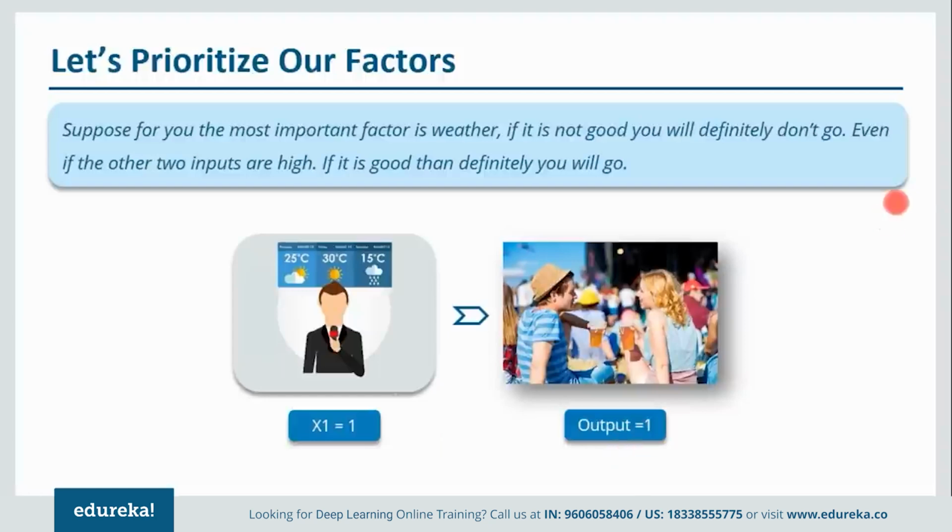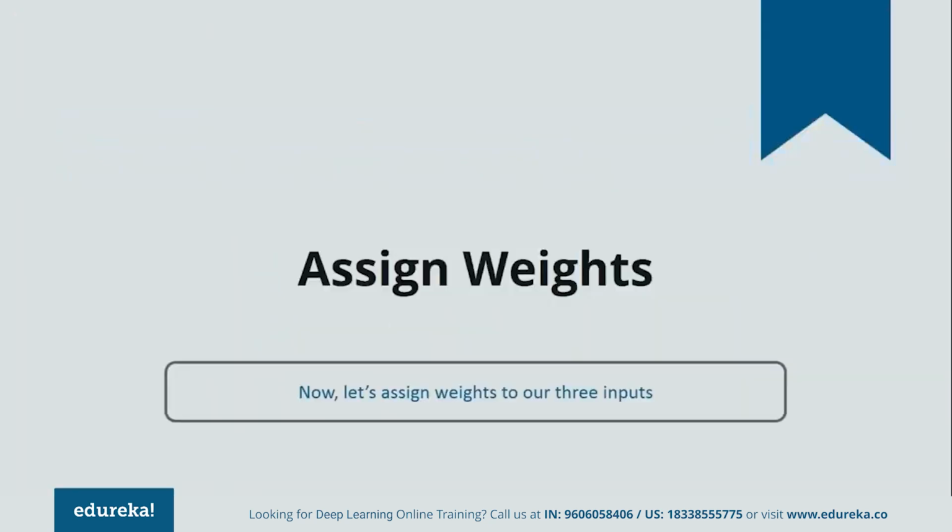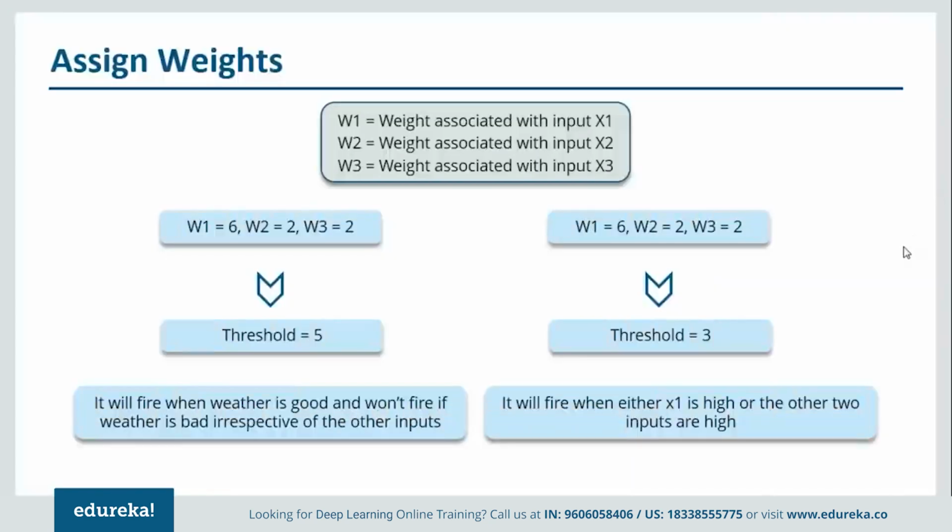So how do we prioritize our factors, or how do we give more importance to a particular input and less to another input in a perceptron or in a neuron? We do that by using weights. We assign high weights to the more important inputs, and we assign low weights to those inputs which are not that important for us. So let's assign weights, guys. Weight W1 is associated with input x1, W2 with x2, and similarly W3 with x3.